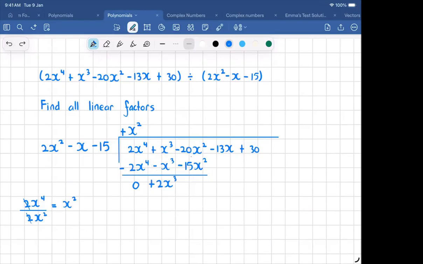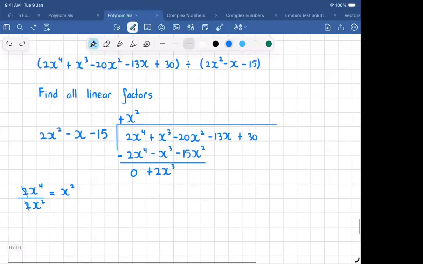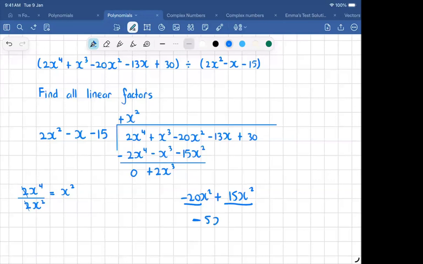And what about here, Serena? You would get negative 5x squared, because that'll be minus 20x squared, minus by minus is a plus, so minus 20x squared plus 15x squared. Notice the negative number is greater than the positive number, so I'll end up with a negative answer, and you subtract like normally. 20 minus 15 is 5, so 5x squared. So minus 5x squared.